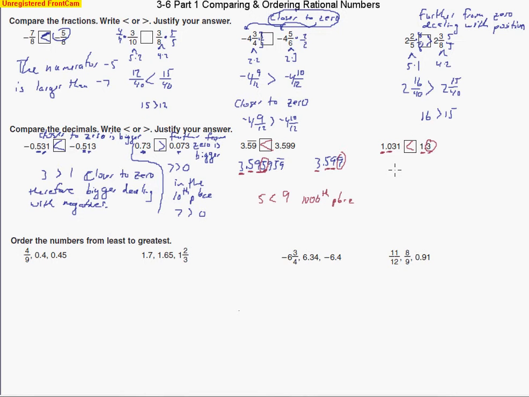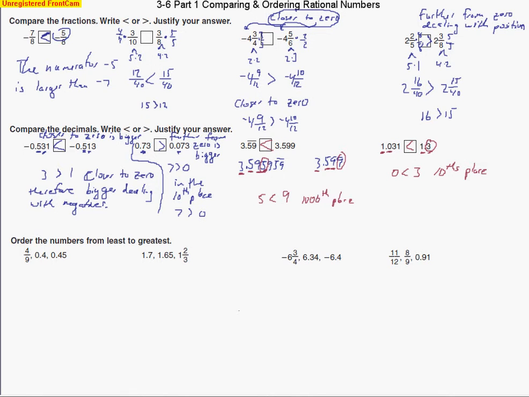We'll say that 0 is less than 3, and this is in the 10th place. So you've got to compare place values, and that's what I'm looking at. The reason why 1 3/10 is larger is because the 3 in the 10th place is larger than the 0 in the 10th place in 1 31 10,000ths.